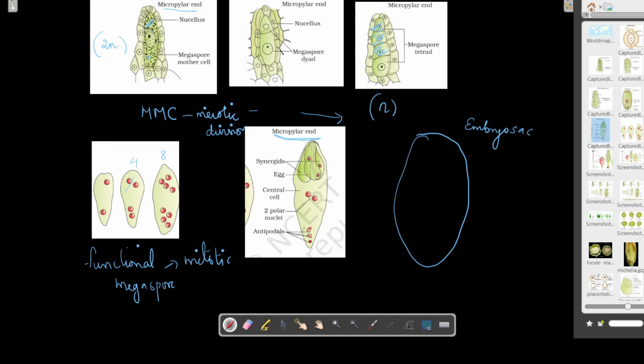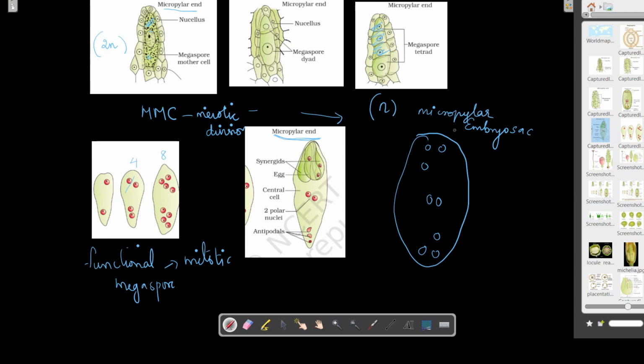The embryo sac is in the 8 nucleated stage. Out of these 8 nuclei, 2 nuclei will move towards the center and the other 3 nuclei will be on each side. So this side is marked as the micropylar end.